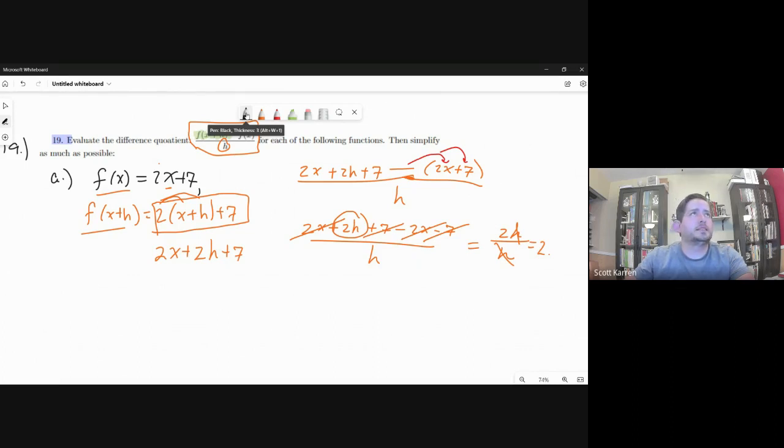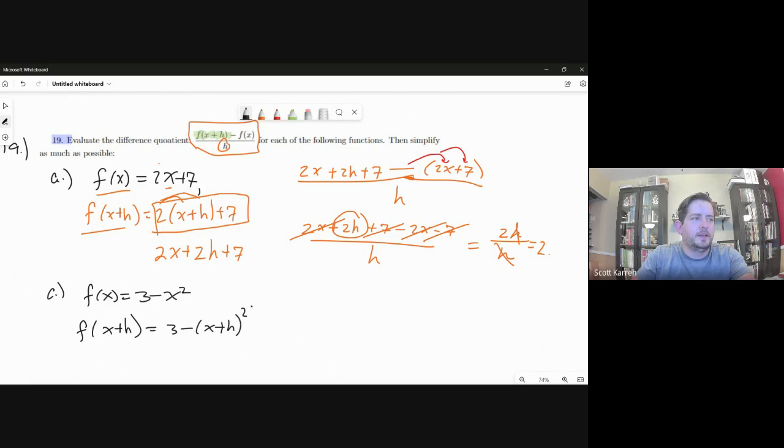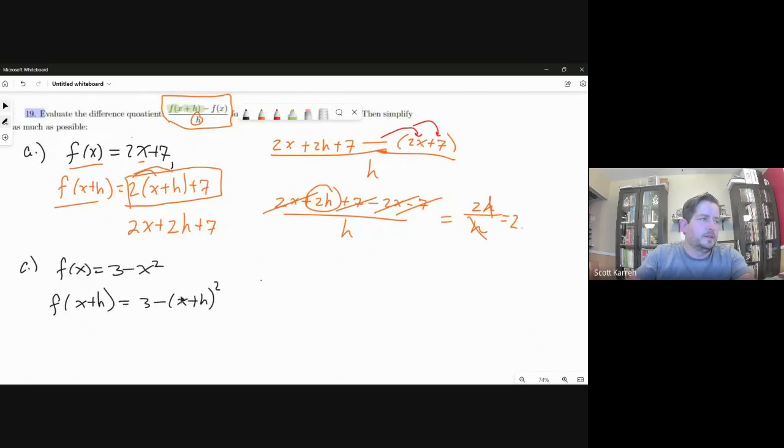Let's take a look at C. C is 3 minus x squared. And so if I put in f of x plus h, that's now 3 minus x plus h squared. And I can simplify that just like I did before. X plus h, right over here, I'll do this.